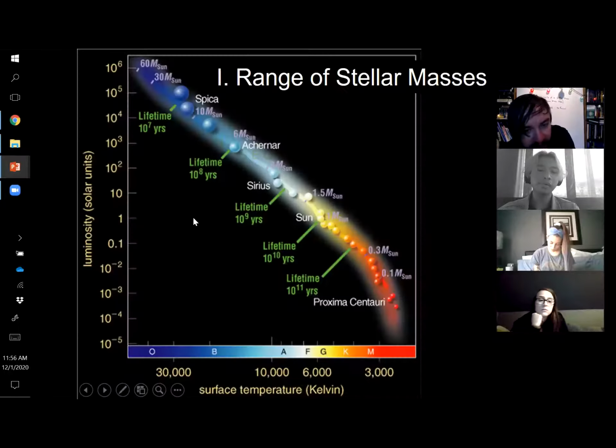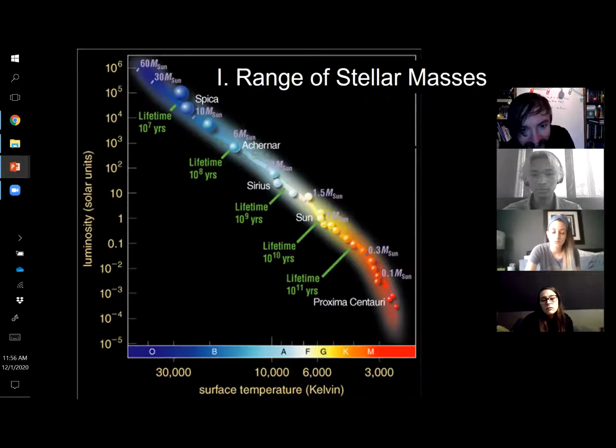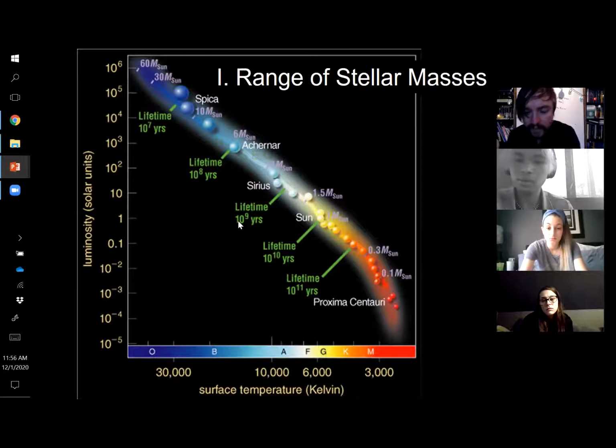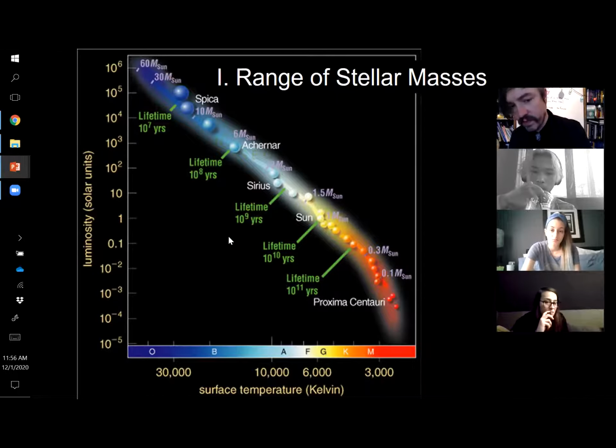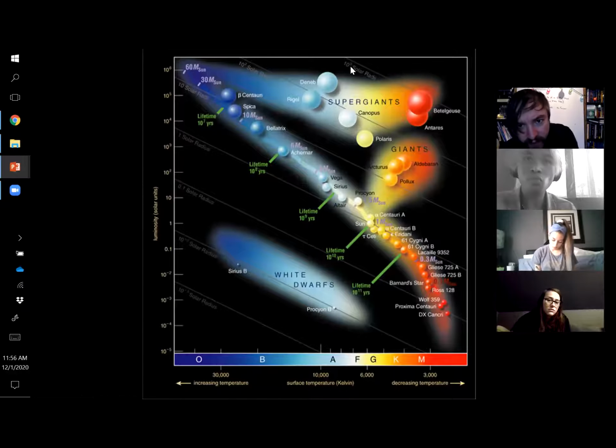What does it mean if we plot the sun's temperature versus the sun's luminosity, and we find the sun along this diagonal line called the main sequence? Does anyone remember? No? All right, maybe I need to put some context here. Stars can be found in a number of places on the HR diagram.